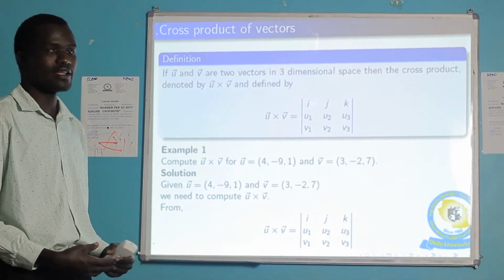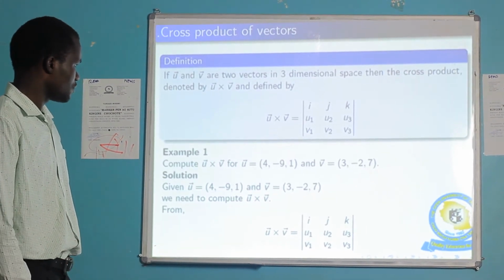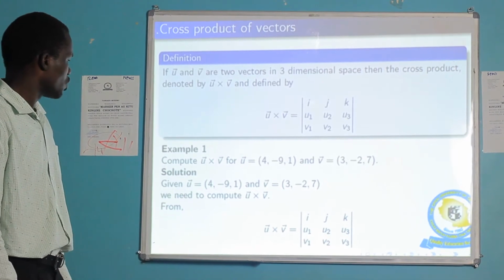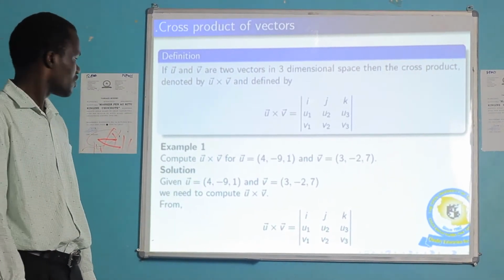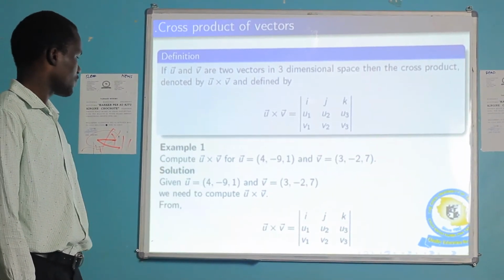It's just like finding a determinant. Okay, students, let's see an example. We are given this one to compute the cross product of these two vectors u and v.